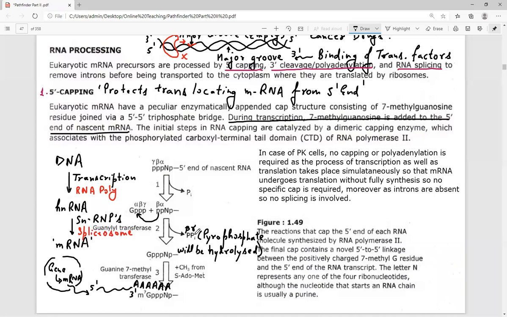Once the pyrophosphate is hydrolyzed, it will produce ample energy so that the reaction can take place. And now the guanine molecule will be present at the first site.